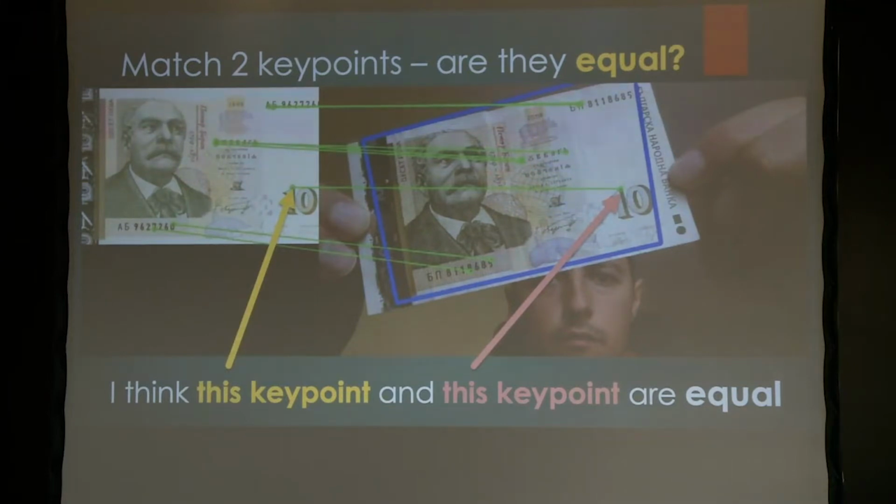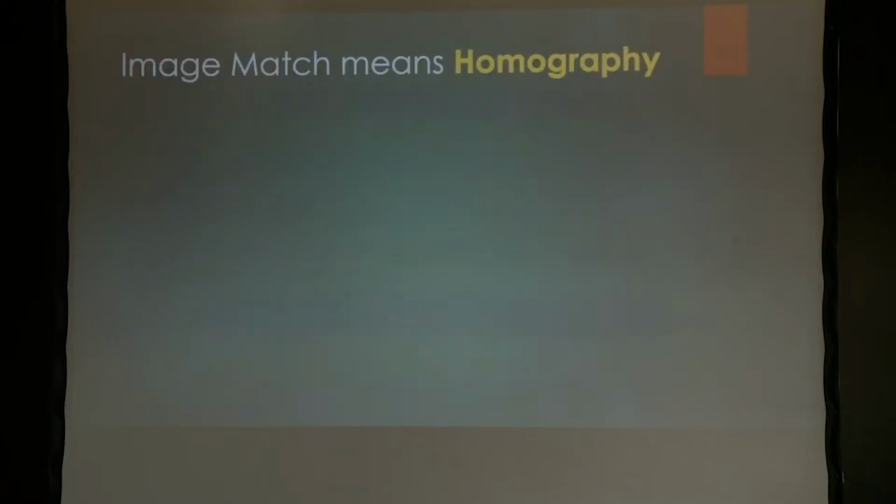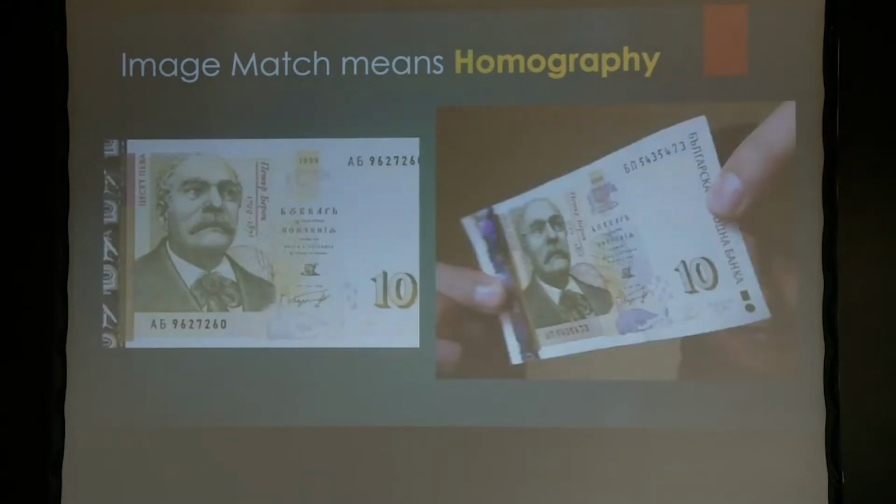Okay, but that is how we match key points, but that doesn't say anything about how we match 2 images. That's a bit more involved. First, what do we mean by match? We mean that we can find a homography from the left image to the right image. What is a homography? It is a linear algebra transformation.